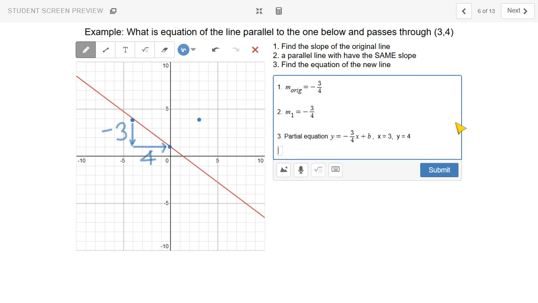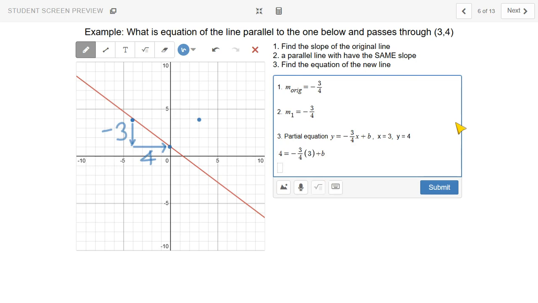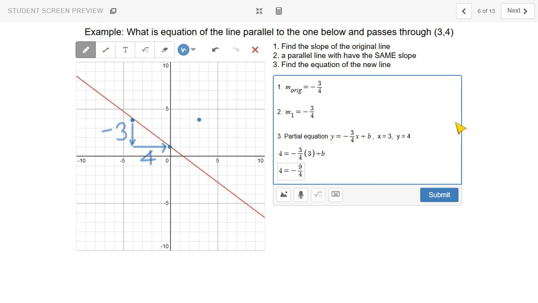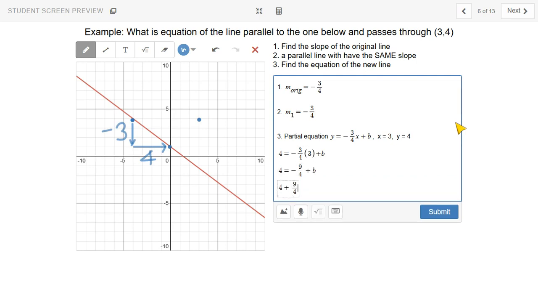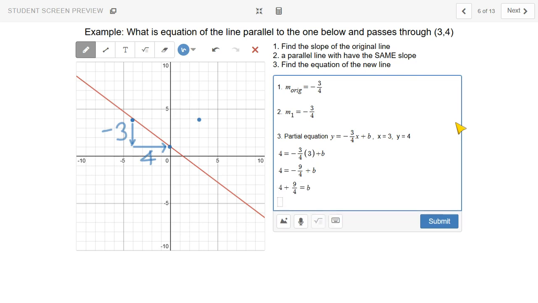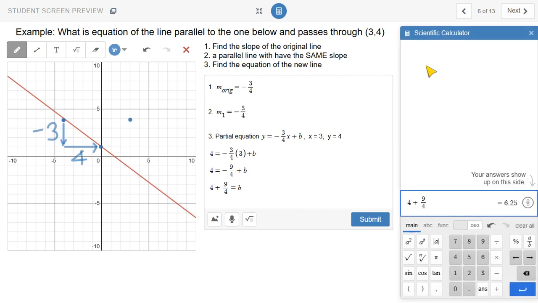Let's solve for our b. 4 is equal to -3/4 times 3 plus b. 4 is equal to -9/4 plus b. 4 plus 9/4 is equal to b. And we can put this in our calculator. 4 plus 9/4 as a fraction.